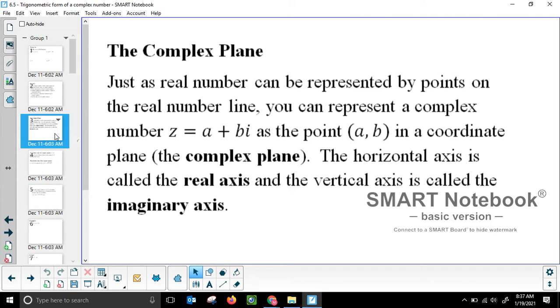The complex plane will look just like your typical coordinate plane with your x and y axis, except the horizontal axis, which is usually our x-axis, we will call the real axis, that's where we will plot the a, and the vertical axis, instead of being called the y-axis, will be called the imaginary axis, and that will be referenced by b.